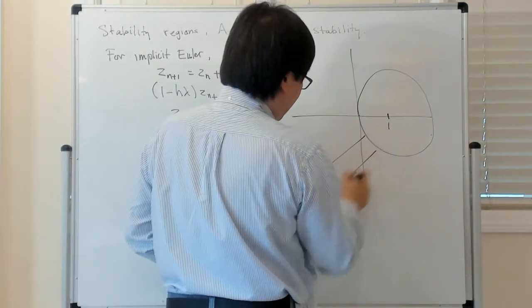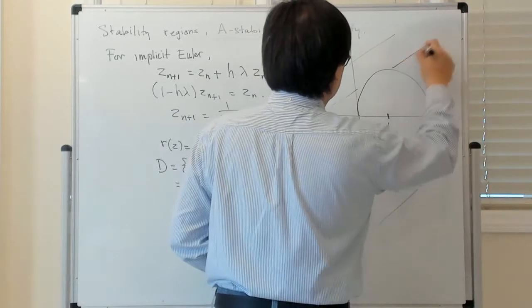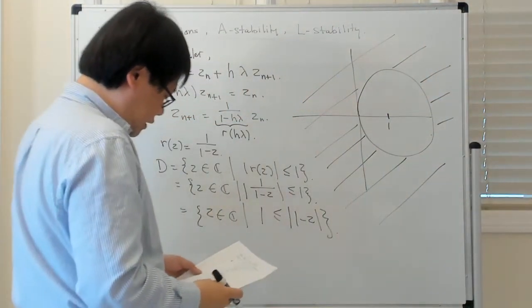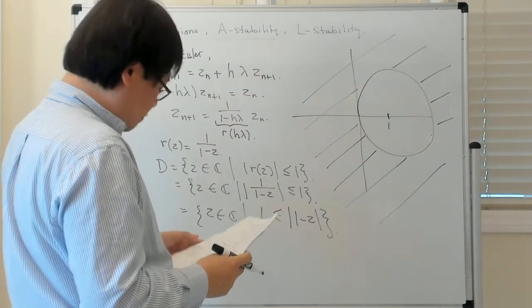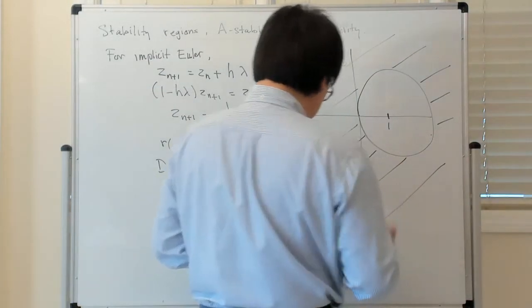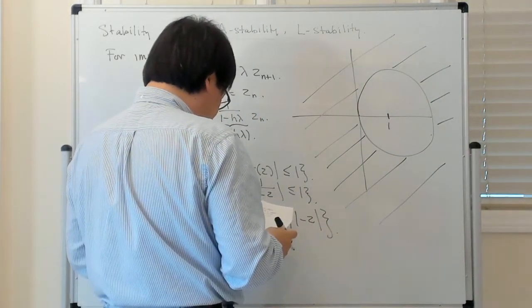So you're looking at this region here, which is outside the unit circle centered about 1. So this is the stability region for the implicit Euler method. It's the exterior, if you will, of this disk of radius 1 centered about 1 in the complex plane.